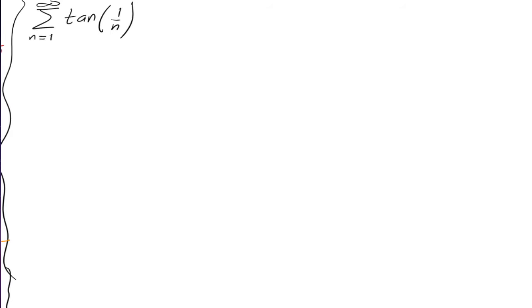Let's see. Well, it's definitely not geometric, right? Not alternating. Would the ratio test be a good option for something like this? Doesn't really look like something that would benefit from the ratio test, right?